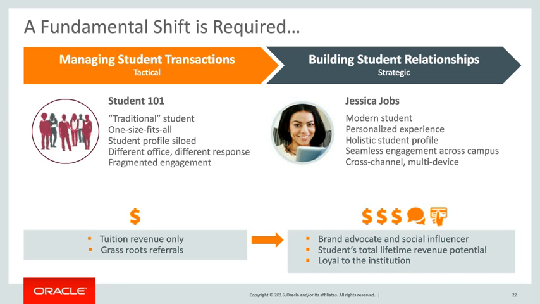What we're really moving to now, and it's being forced on us both by outcomes and accountability expectations and by the experiences going on outside of higher education, increasing those expectations, is trying to build a lifelong student relationship at every single interaction.